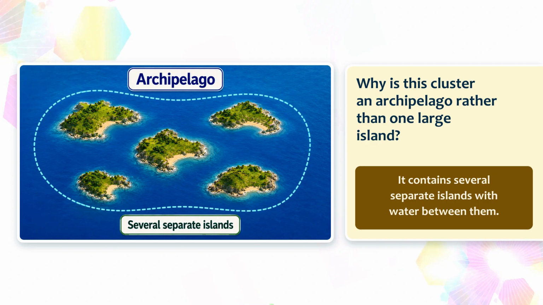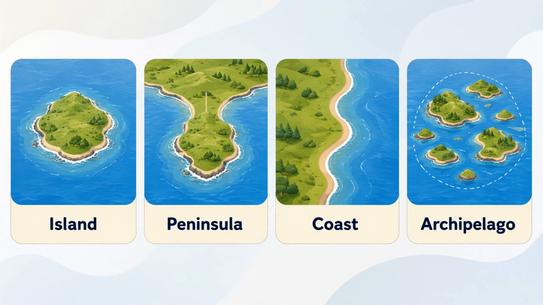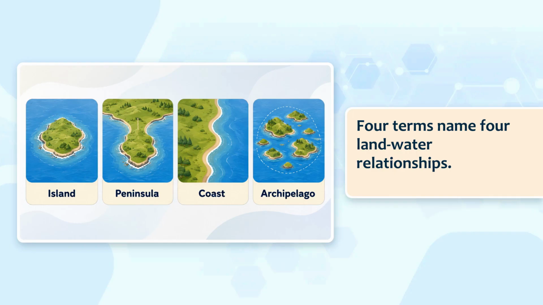Next, we will compare island, peninsula, coast, and archipelago using one shared set of clues. Island, peninsula, coast, and archipelago each use a different clue: complete separation, a remaining land connection, a meeting boundary, or a group of separate islands. Keep the 4 deciding clues side by side. 4 terms name 4 land-water relationships.